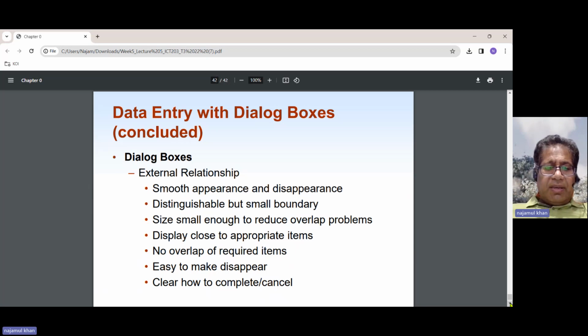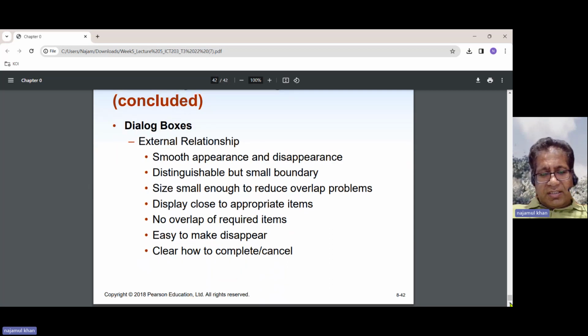It should be easy to make disappear, easy to clear, and easy to complete or cancel. The whole experience should be simplified and user friendly, as easy as it possibly can be. Well, this is it.